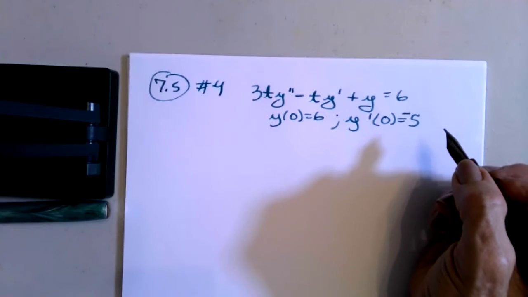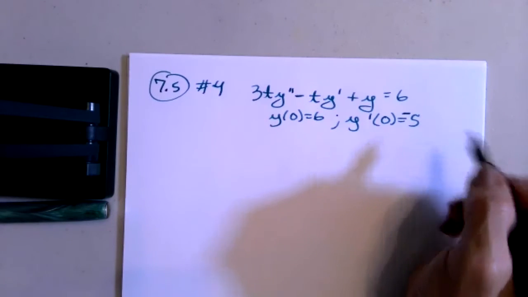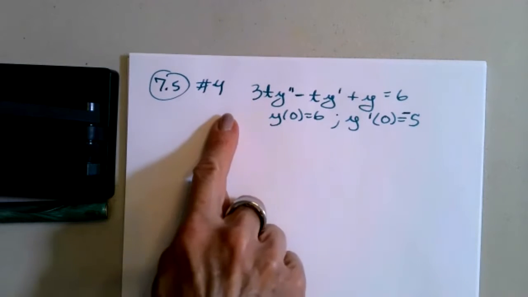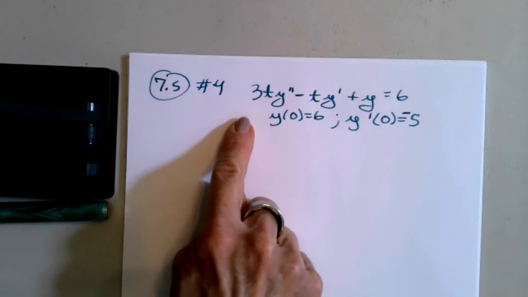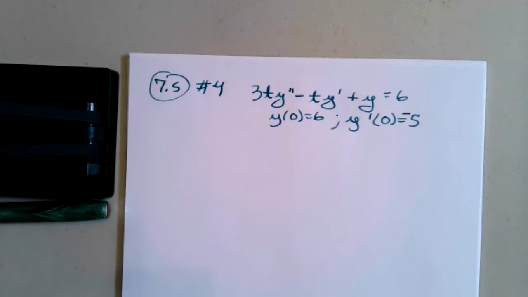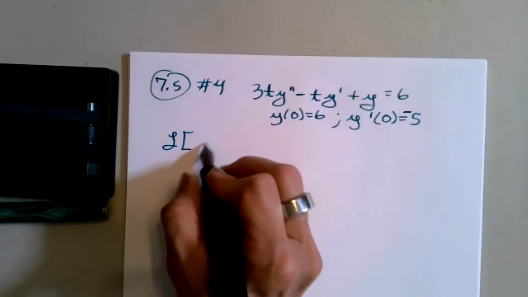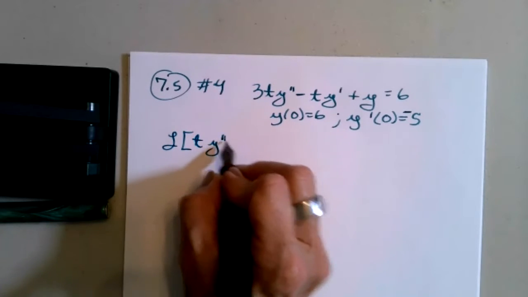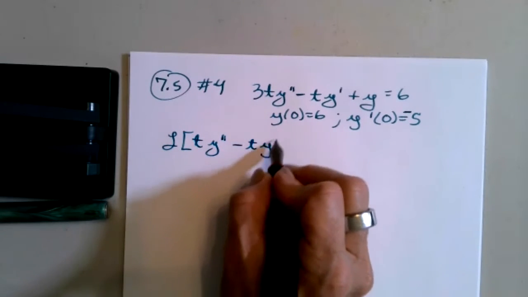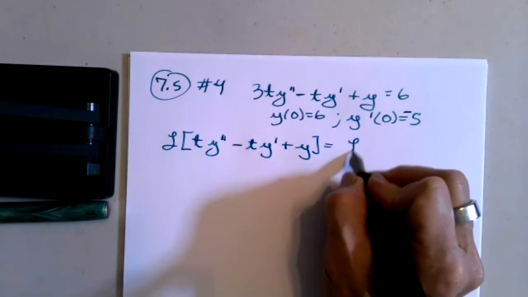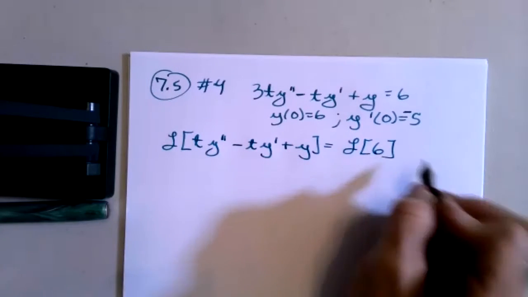We want to look at this, and basically the idea is you take the Laplace transform on both sides of the equation. So we want to take the Laplace transform of t y double prime minus t y prime plus y, and that's going to be equal to the Laplace transform of 6.